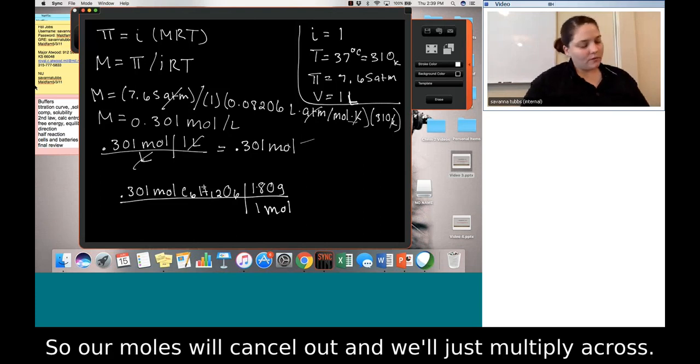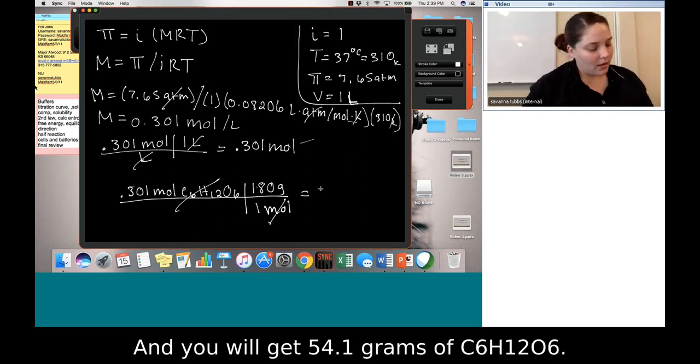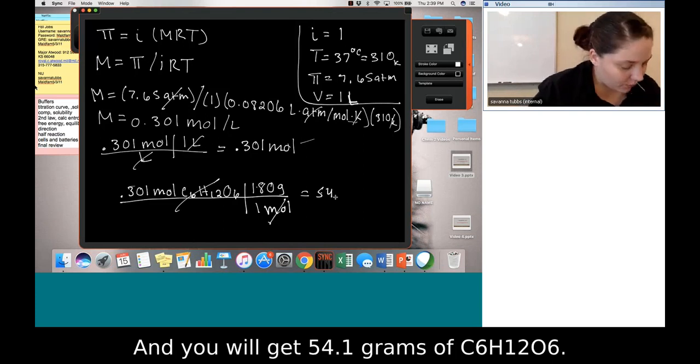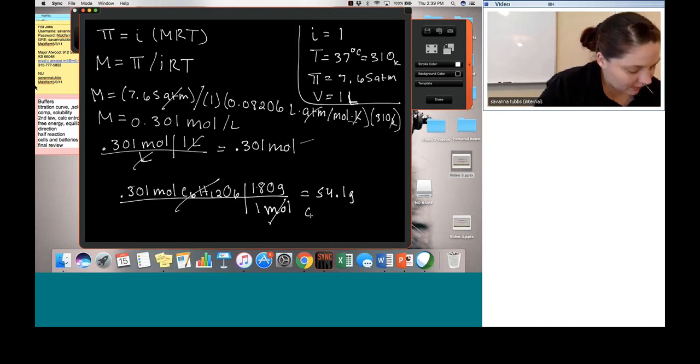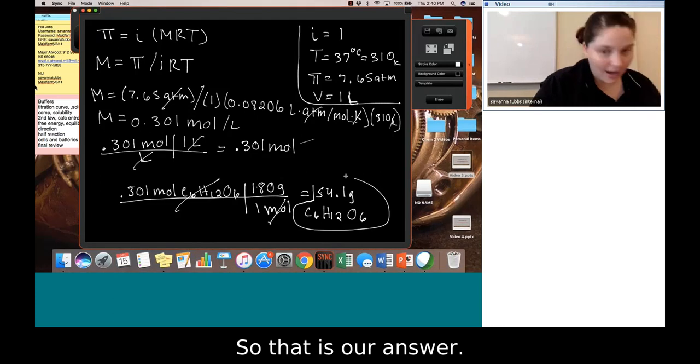So our moles will cancel out and we'll just multiply across, and you will get 54.1 grams of C6H12O6. So that is our answer.